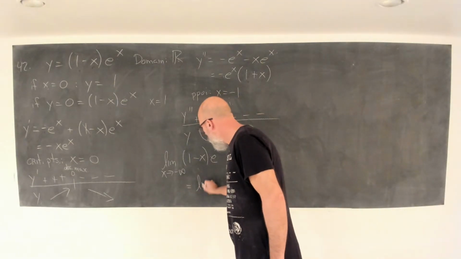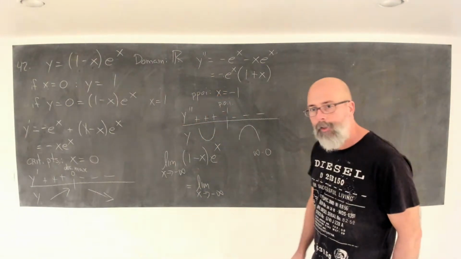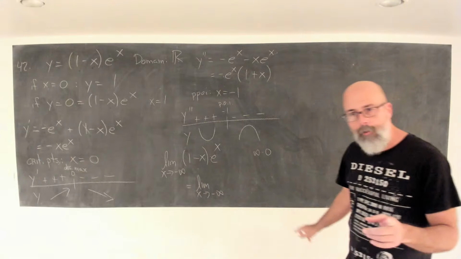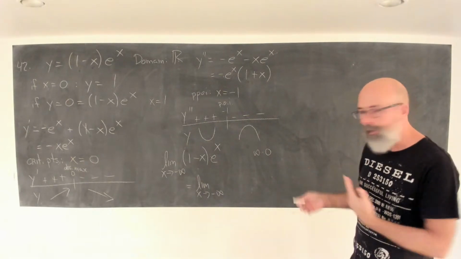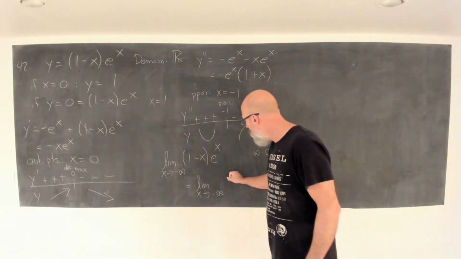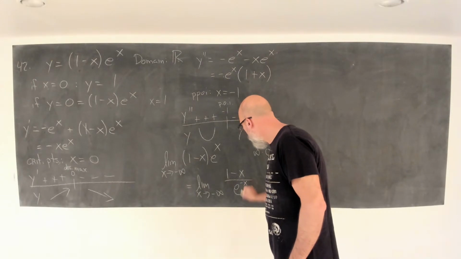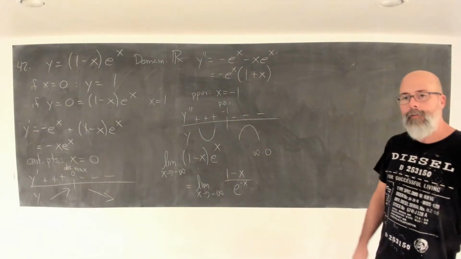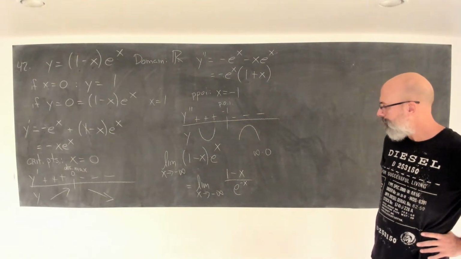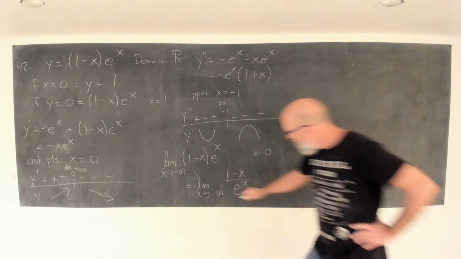Manipulate in the hopes of using L'Hopital's rule. But not right away, right? You have to bring it into the form 0 over 0 or infinity over infinity. And let's do so by rewriting it this way. 1 minus x over e to the minus x.